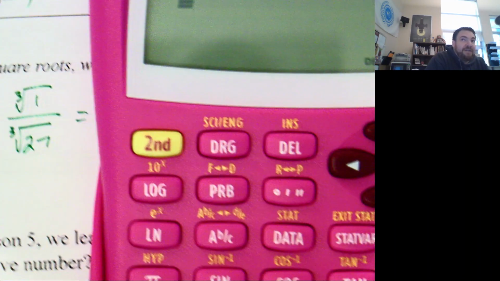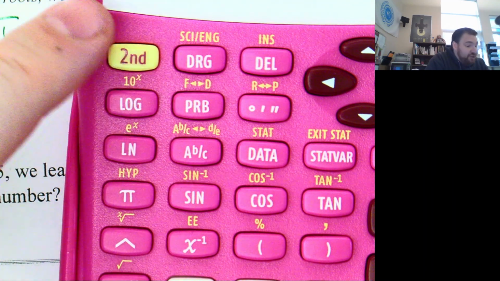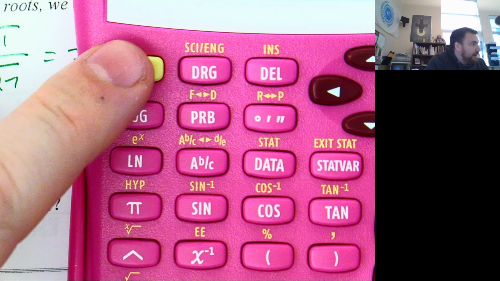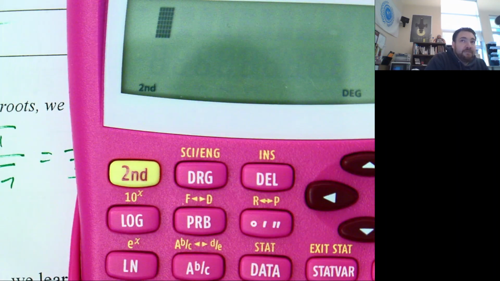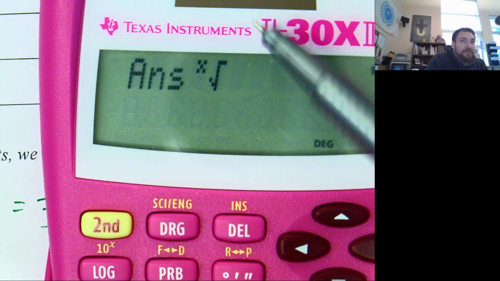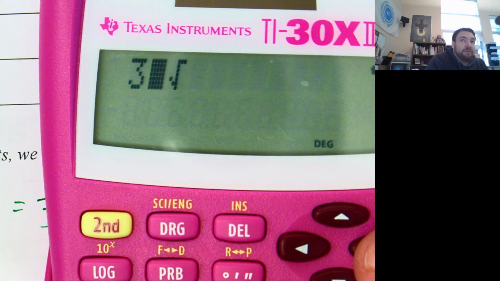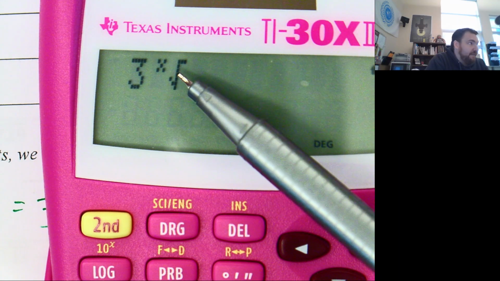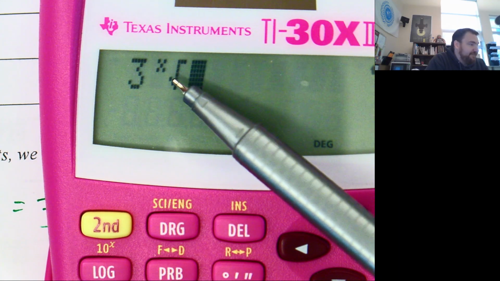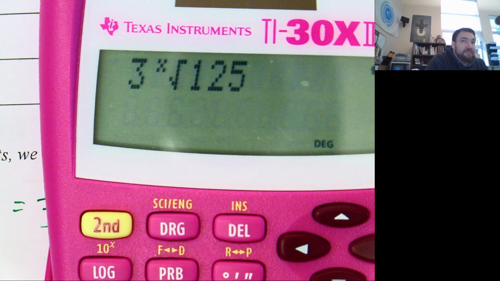When it's above the button, you have to push either shift or second function. Your calculators will all do it a different way. Push this button, and then you push that exponent button you were trying to push, and it'll open up the kind of root you need. You needed a cube root. And that'll give you this symbol. And then 125.